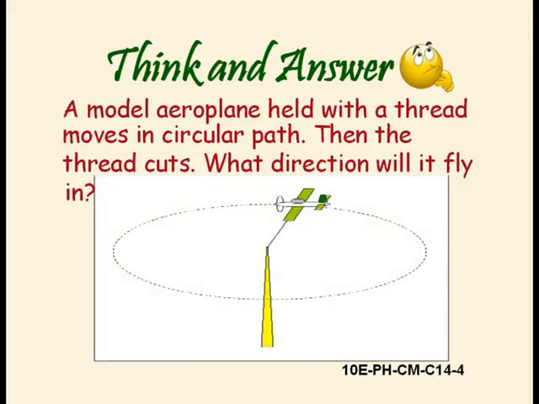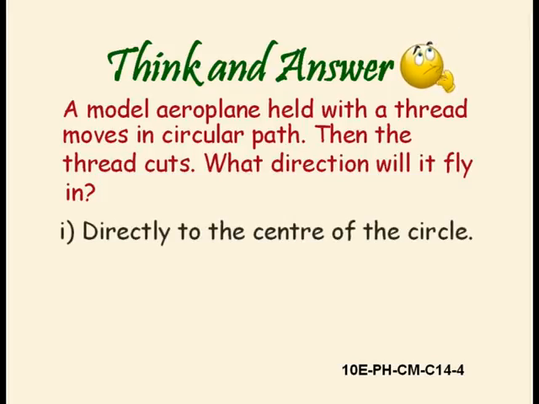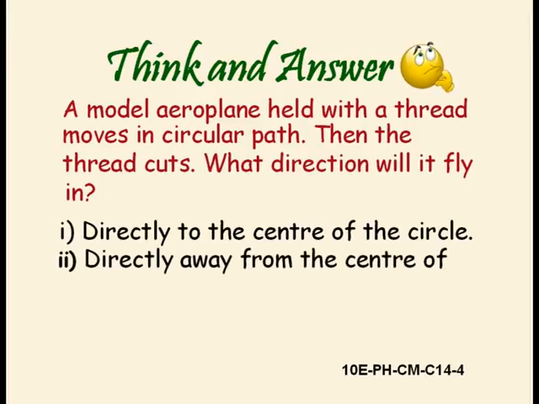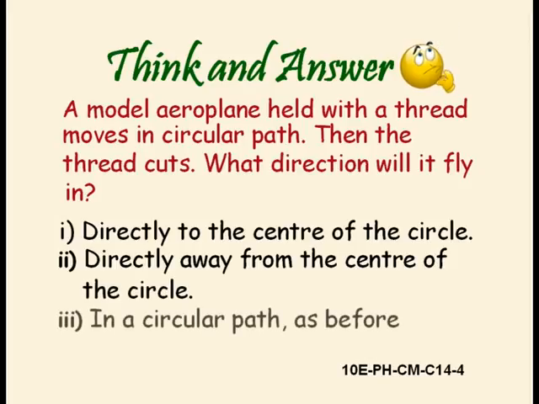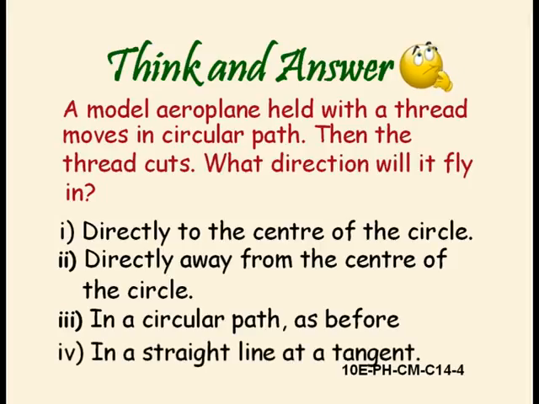Your options are: 1, directly to the center of the circle. 2, directly away from the center of the circle. 3, in a circular path as before. 4, in a straight line at a tangent. The correct answer is option 4, in a straight line at a tangent.